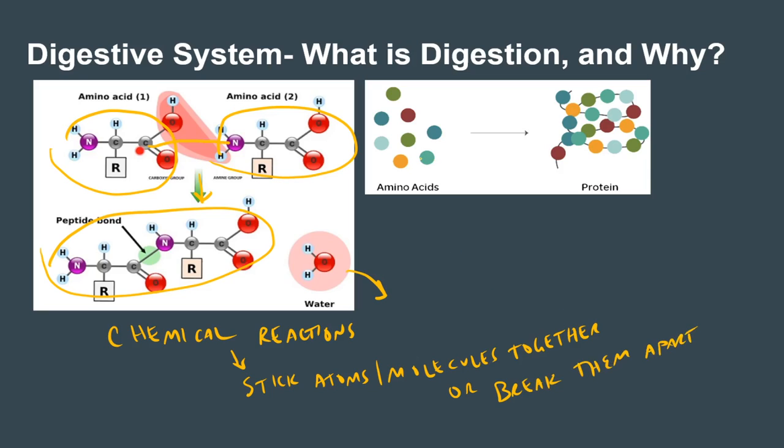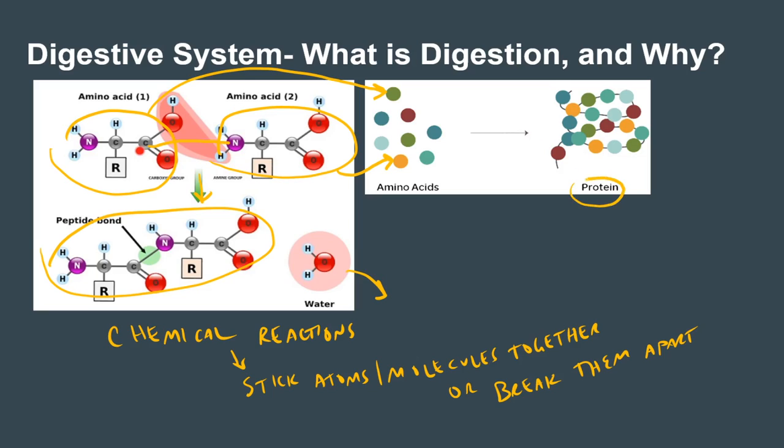This picture up here is just showing that. So if this circle here is, let's say, this guy here, and this circle here is, let's say, this one here, they're just showing you that you've got a bunch of small molecules and you're hooking them together to form a larger molecule.